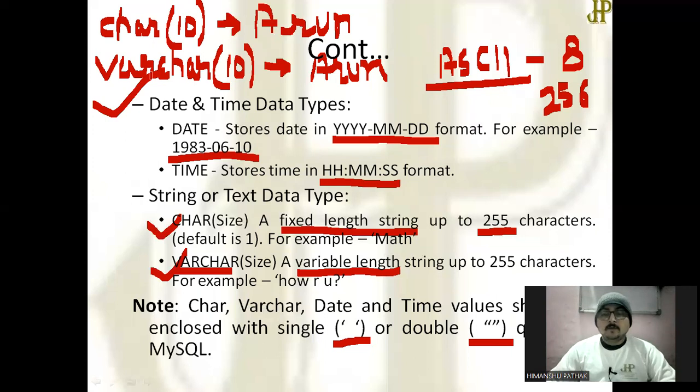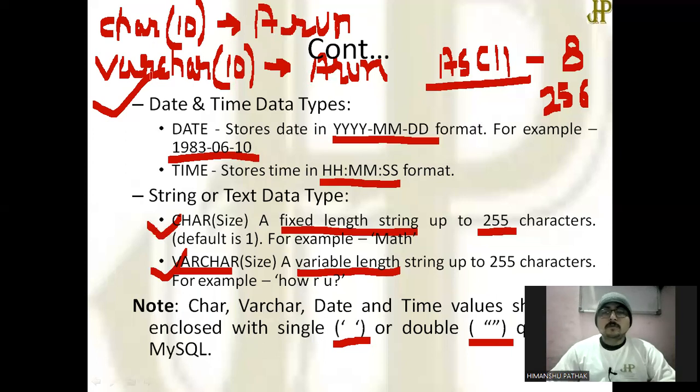If you are very confident that the data will be of the same size, then char can be used. For example, if there is a column for gender, and for female you save F and for male you save M, then the char data type is to be used.